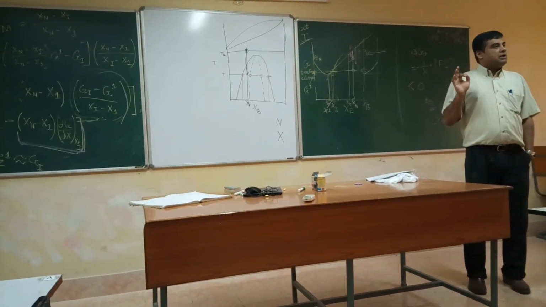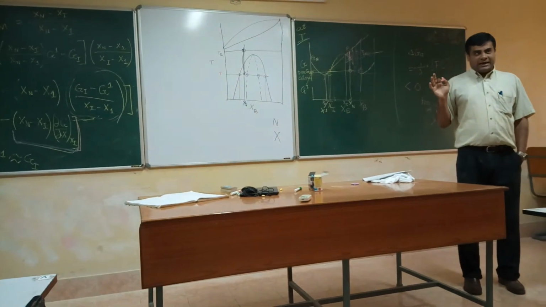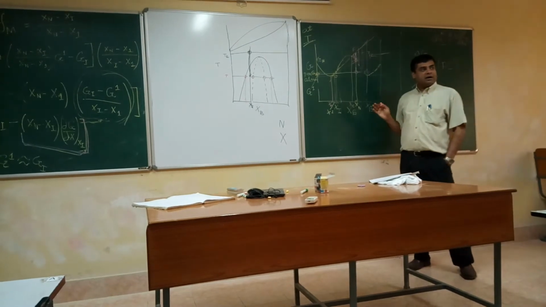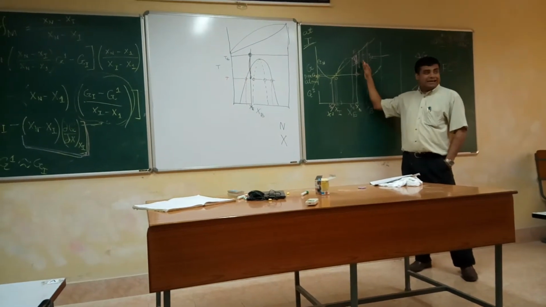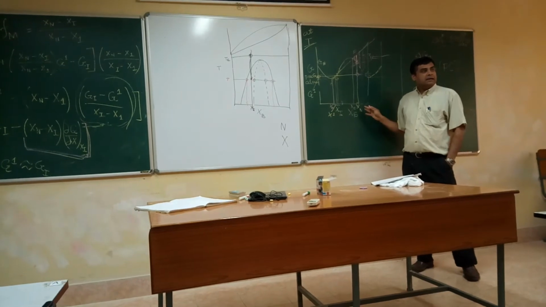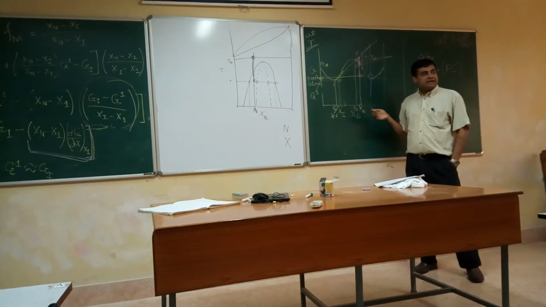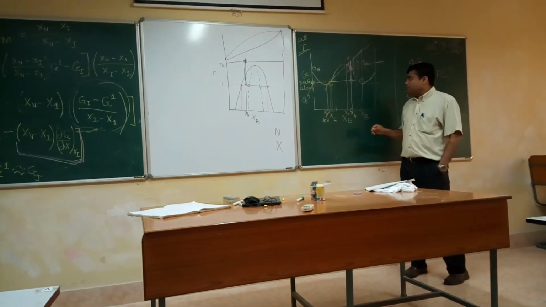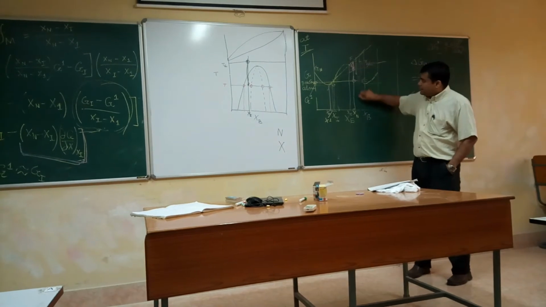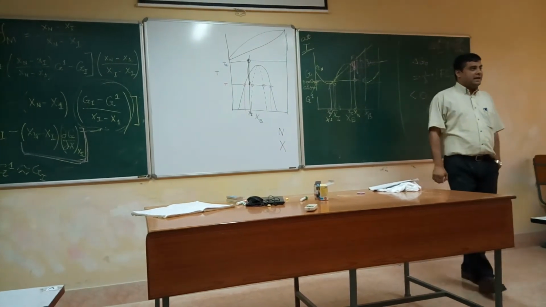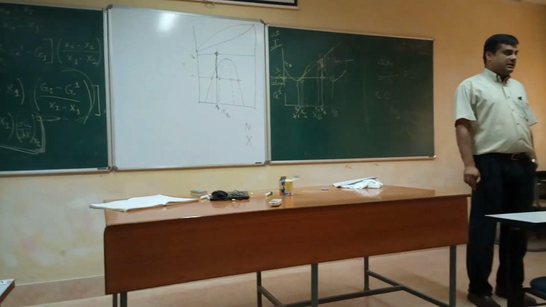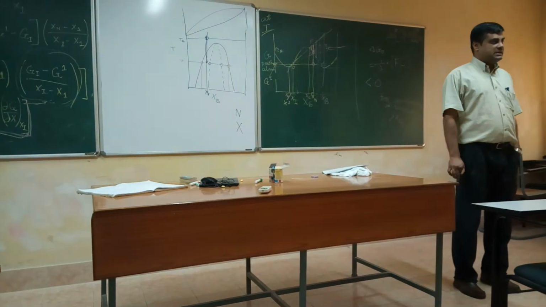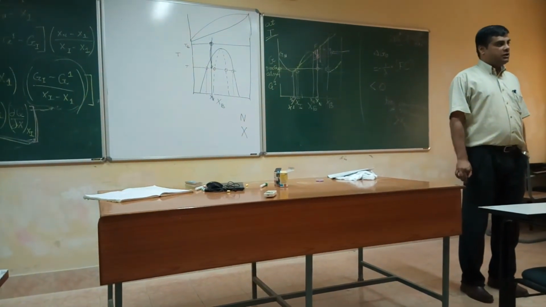However, because your interfacial energy is also composition dependent, it may be the case for certain alloys with compositions less than x beta that your interfacial energy gamma value is very low, so that delta G star is minimum not at x beta but somewhere at some metastable composition. Then the maximum nucleation rate will be for that composition for which delta G star is the minimum. It may not be the x beta.